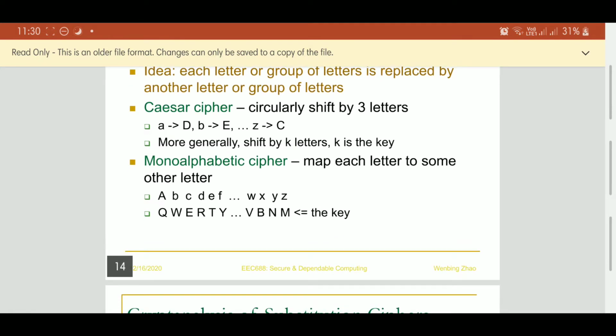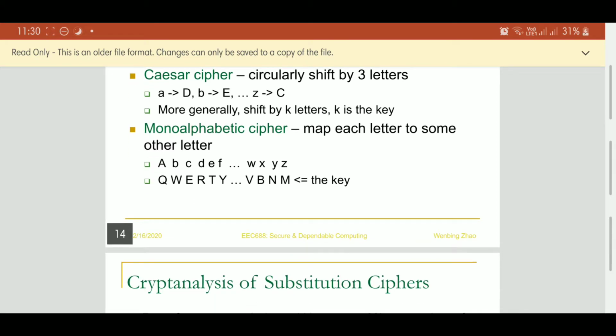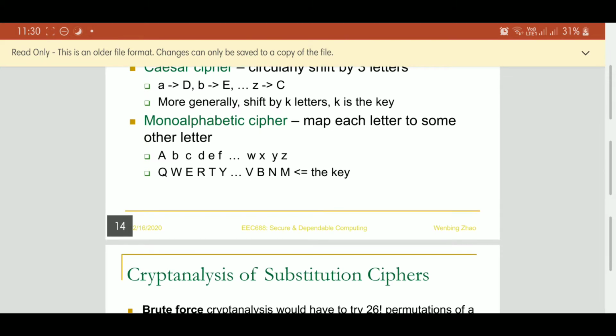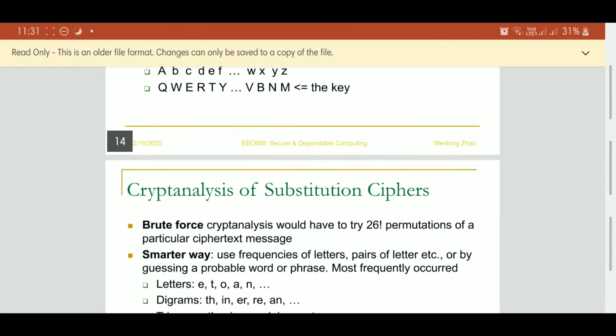More generally, shift by K letters, where K is the key. Monoalphabetic cipher: map each letter to some other letter, for example A to Q, B to W, and so on. Like this is the key for the A to Z letters.